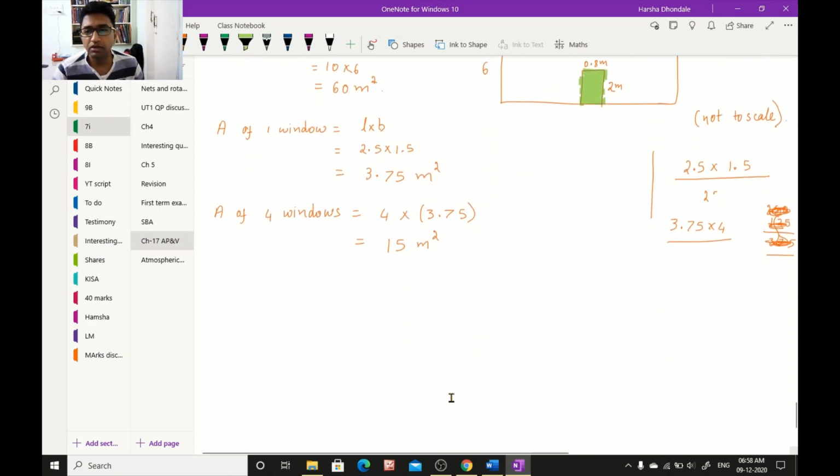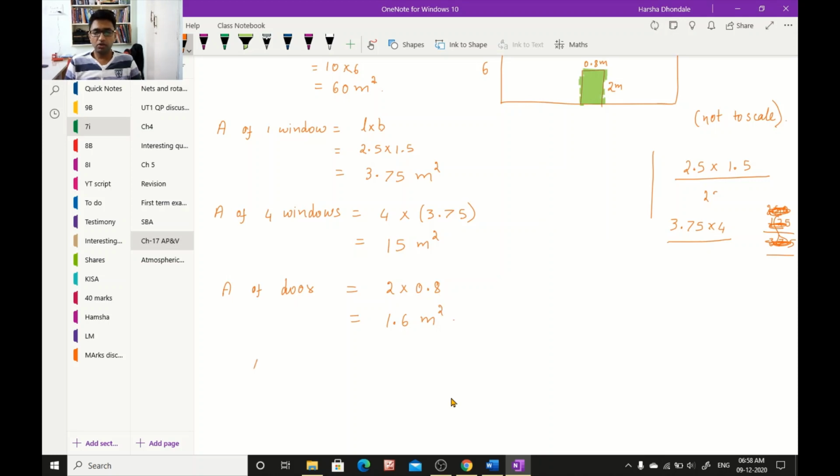Next, what is the area of the door? Area of door is again 2 into 0.8, which is equal to 2 8s are 16, therefore it will be 1.6 meter square.